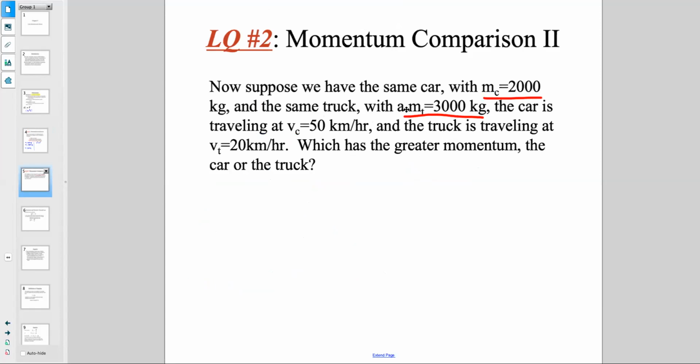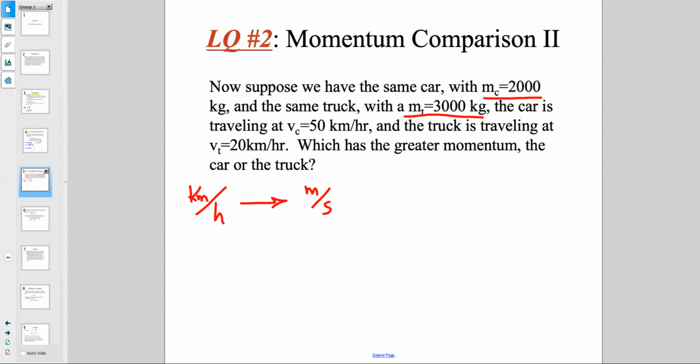Kilometers per hour is not an SI unit, so in a real problem you should change it to meters per second, but here we want to compare, so it's not really important at this point.